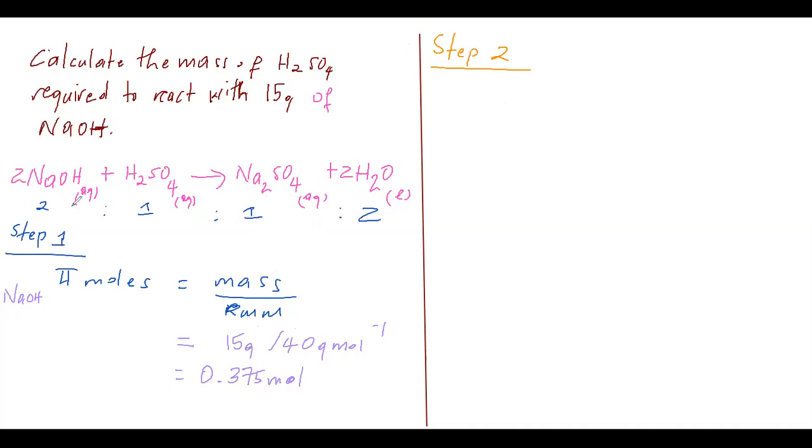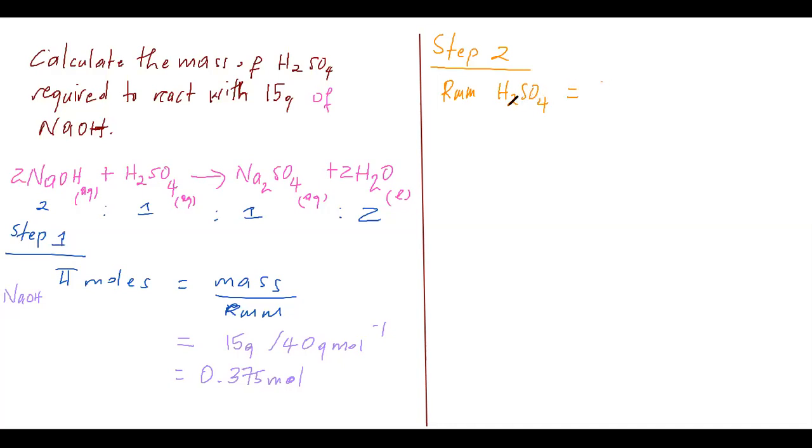So after we found the moles of sodium hydroxide, what do we do next? You find the RMM of H2SO4. And how much did you get for that? 100 grams per mole.